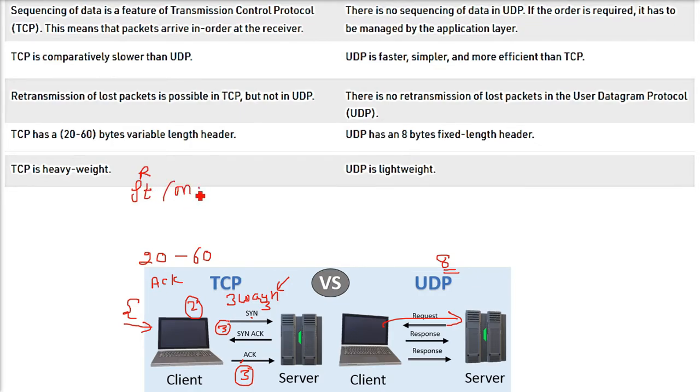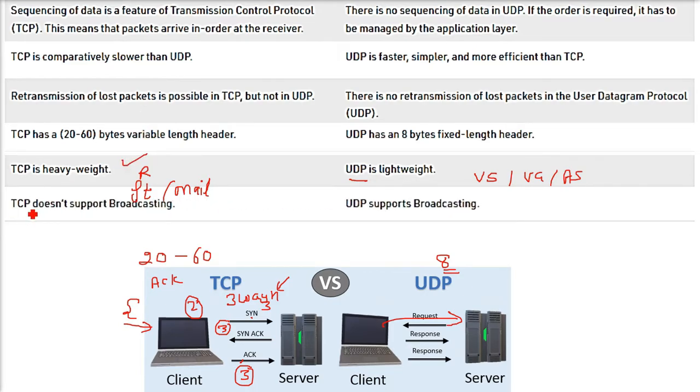For example, if you want to do file transfer or mail, you need to use TCP. For video streaming or gaming, you want the speed, and if one or two packets are lost, you don't worry about that. UDP is lightweight. And now you see TCP doesn't support broadcasting. Broadcasting is sending from one sender to multiple clients or servers.